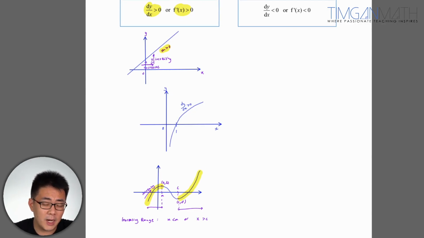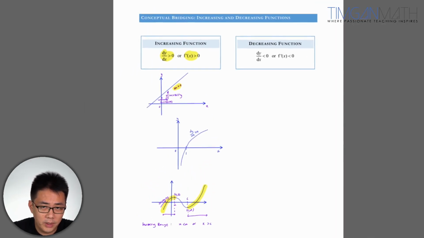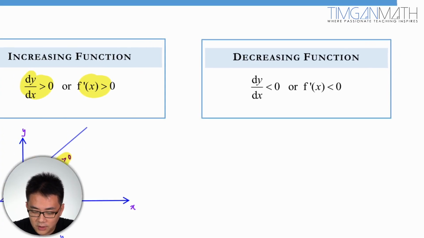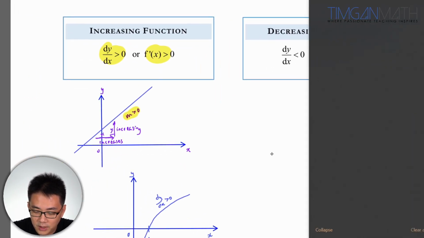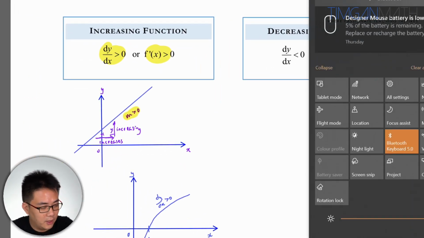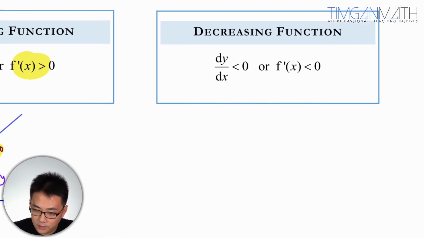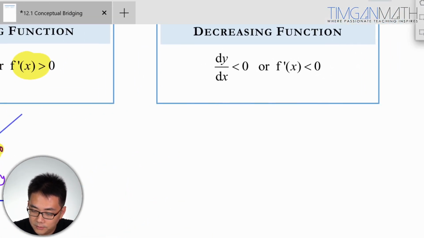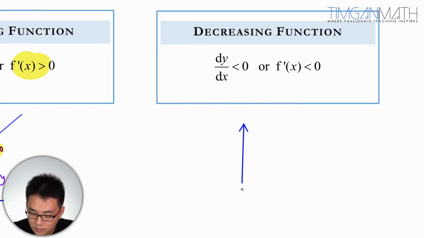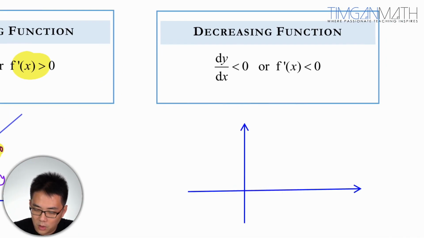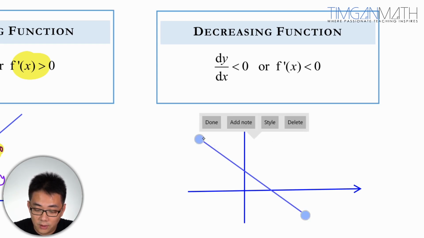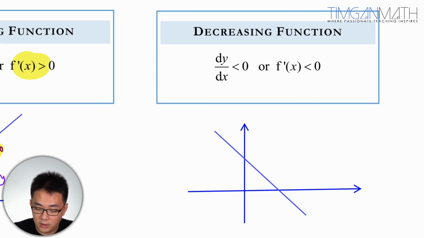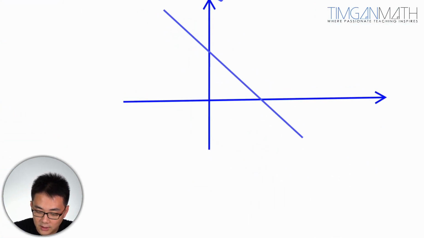That's how you understand an increasing function. We will see how we can apply this concept, so don't worry about it. Let's look at the decreasing function. Decreasing means the other way around, so the graph is going downwards. This is a decreasing function where the gradient is negative. This is y, this is x.